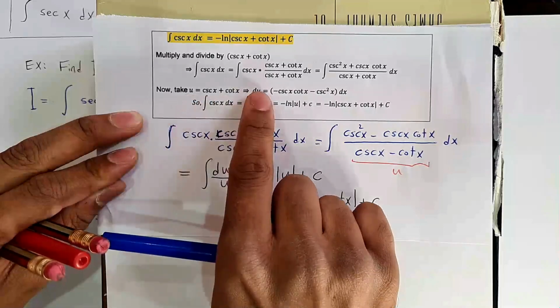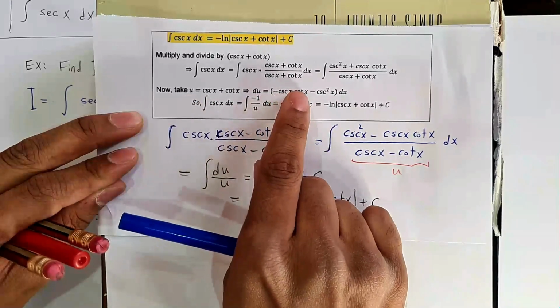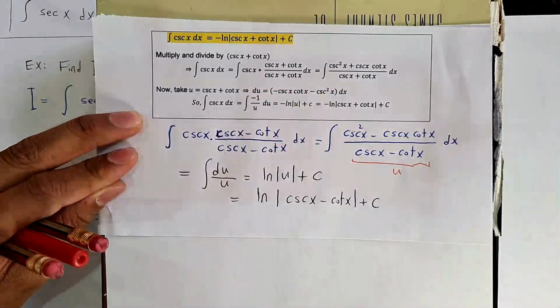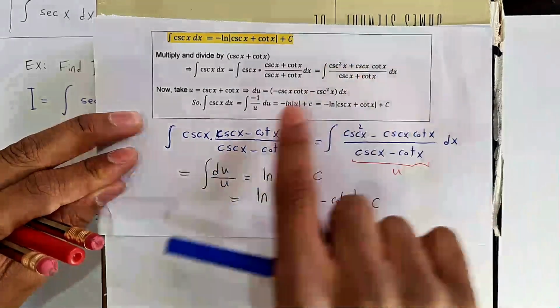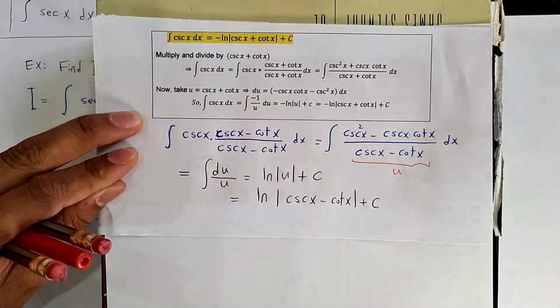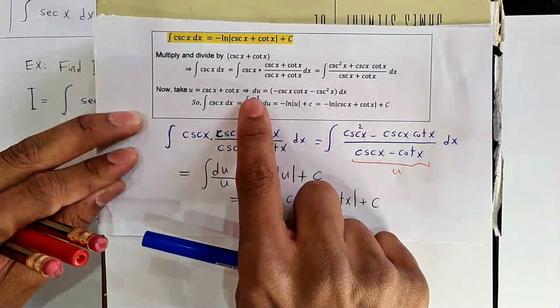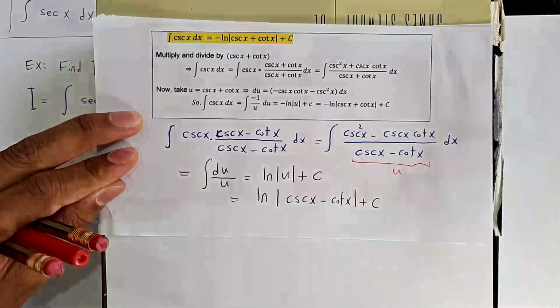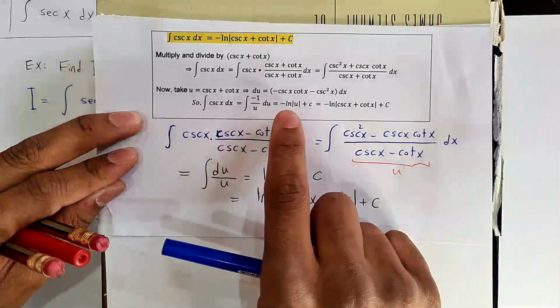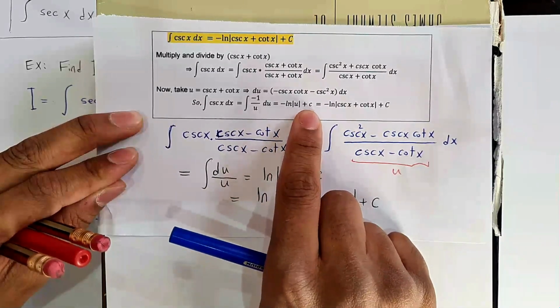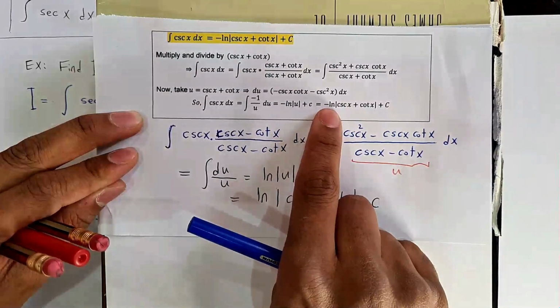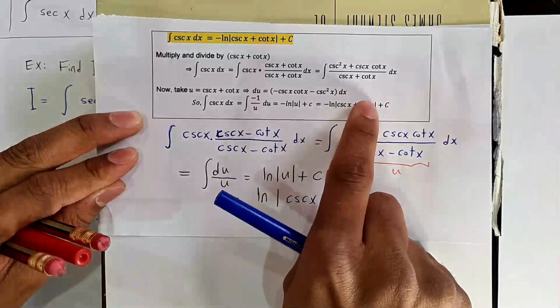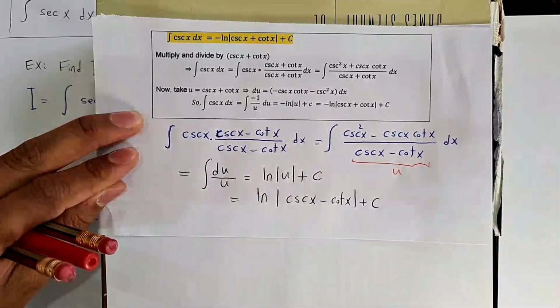If you take it, your derivative will be minus cosecant cotan minus cosecant square, which is upstairs, but you need to adjust it with a minus. So you will have minus du upstairs, and in the denominator you have u. This integral will be minus ln absolute value of u plus constant c. If you simplify it, you will get minus ln absolute value of whatever you multiplied.